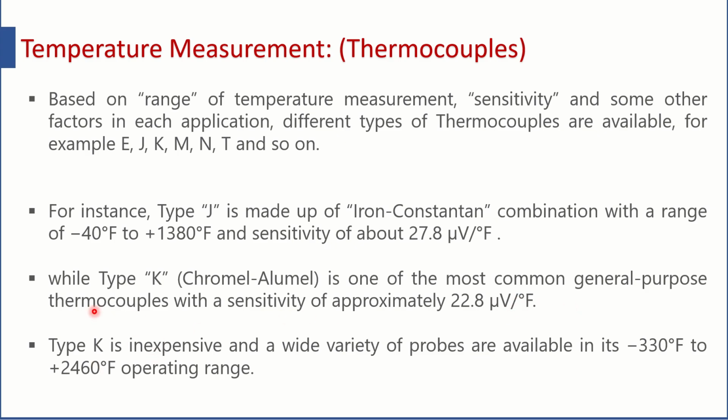You see that type K is inexpensive and a wide variety of probes are available commercially. They can measure temperature within a very wide range of operation, that is minus 330 degree Fahrenheit to plus 2460 degree Fahrenheit. And now we will discuss output devices, and I hope that I will be continuing with this lecture in the next one. Thank you.